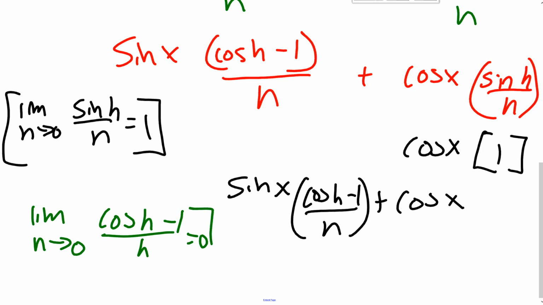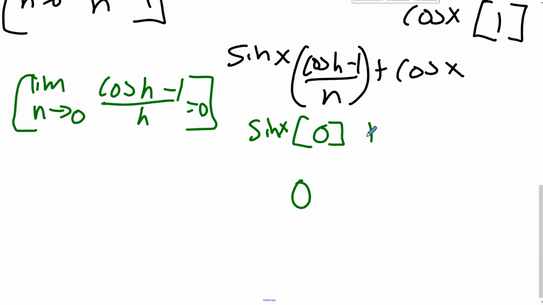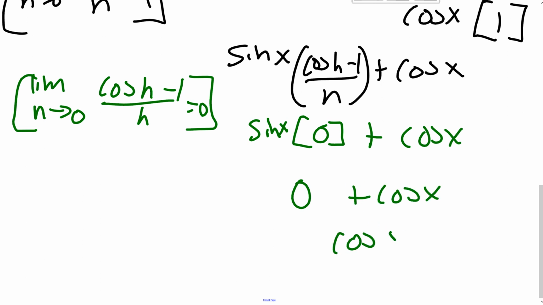So we enter that one in right here. That's 0, and 0 times sine of x is 0. Then we get 0 plus cosine of x equals cosine of x. So there we go, that's our derivative, cosine of x.